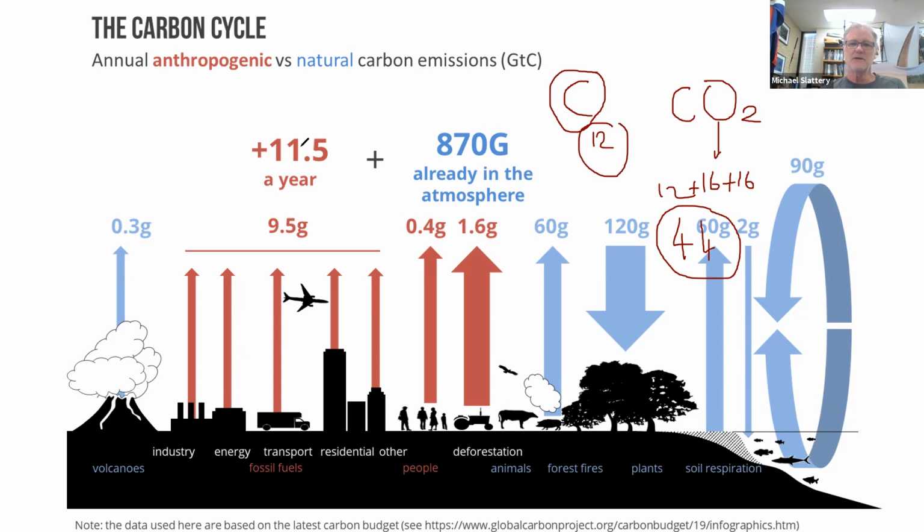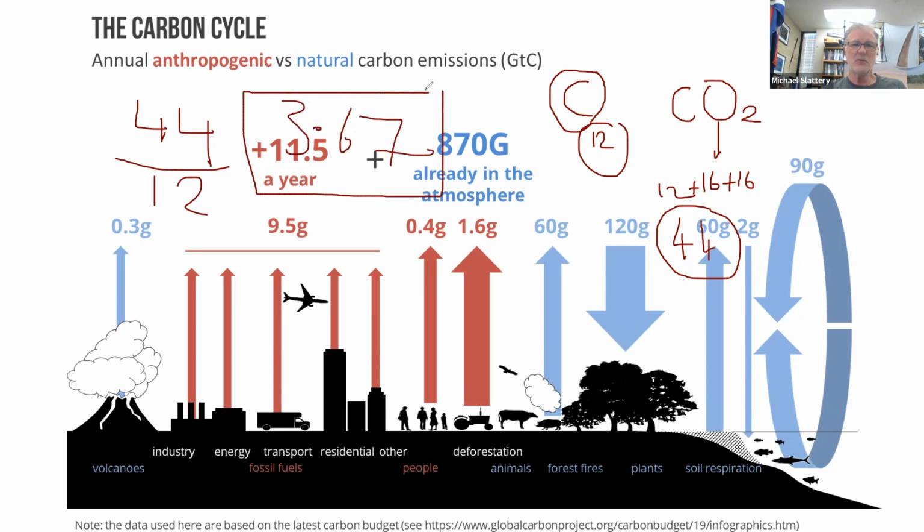So in other words, there is a ratio. If you take 44 divided by 12, what does that give you? That gives you 3.67. That is the ratio of carbon to carbon dioxide.